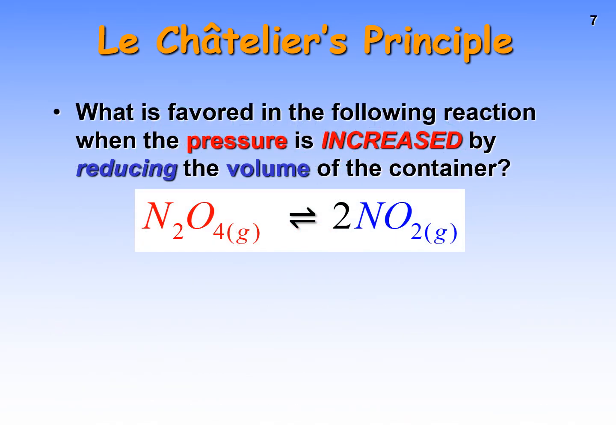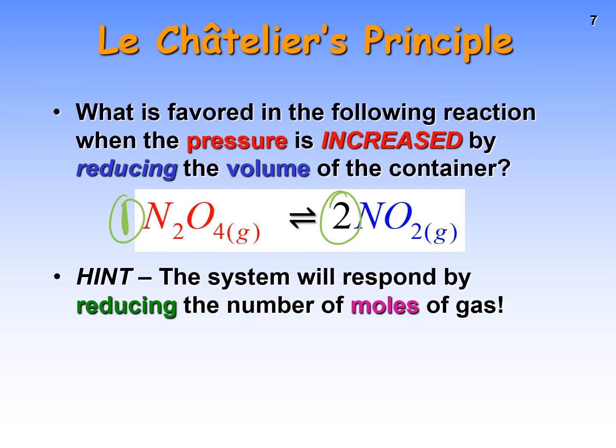Let's talk about this again, right? So what is favored in the following reaction when pressure is increased by reducing the volume of our container, right? We know that when we reduce the volume of a container, pressure inside the container is going to go up. That was one of the gas law relationships we learned in Chem 1A. So because I know that I have 2 moles of gas on the product side and 1 mole of gas on the reactant side, this is what we need to look at when figuring this out.